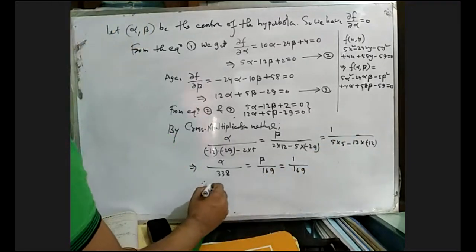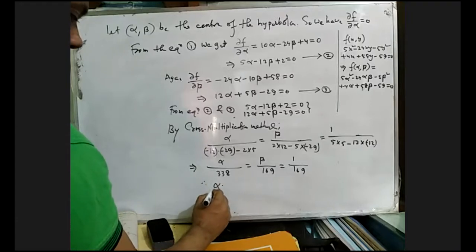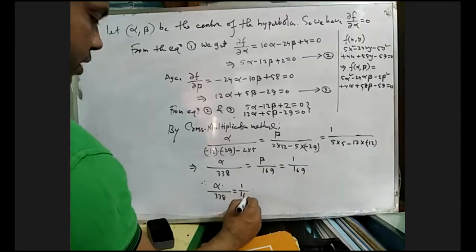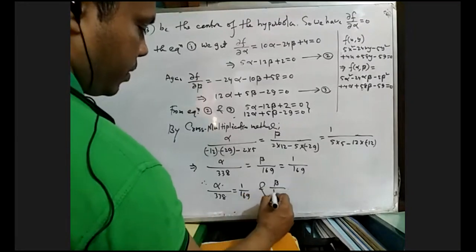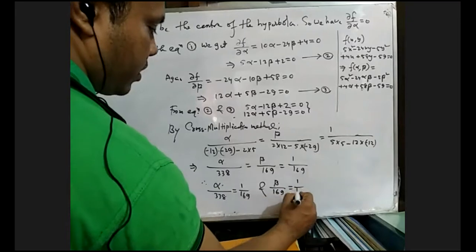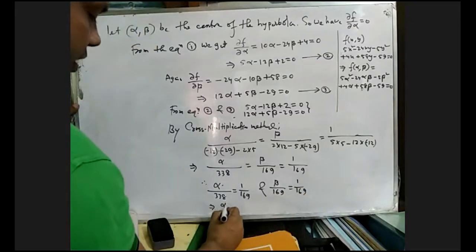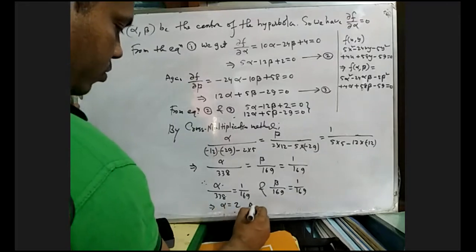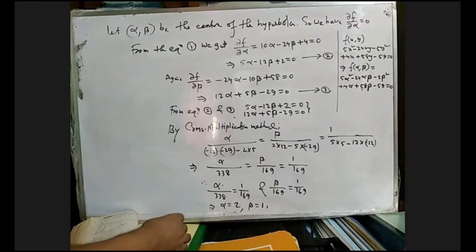So alpha equals 338 by 169, which is 2, and beta equals 169 by 169, which is 1. So we got the center.